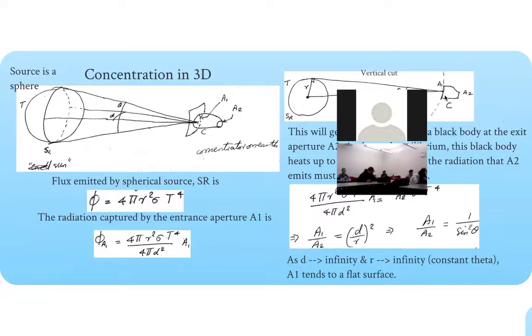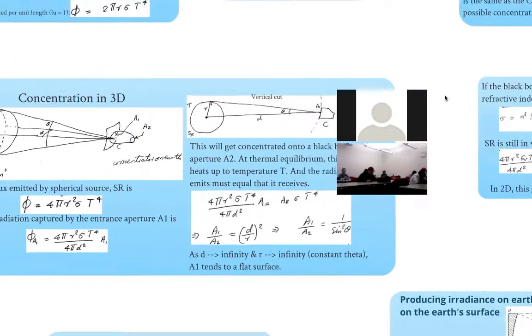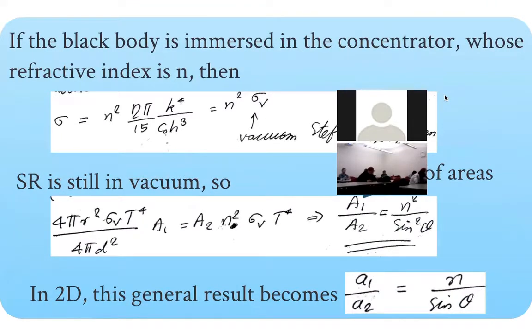Okay, it turns out these equations change. In fact, they change because of fundamental thermodynamics. We won't go into the details, I'll briefly mention. If the black body is immersed in the concentrator whose refractive index is n, then what changes is actually the Stefan-Boltzmann constant, sigma. Sigma has this dependence of n squared.